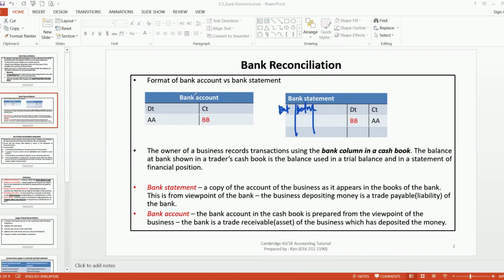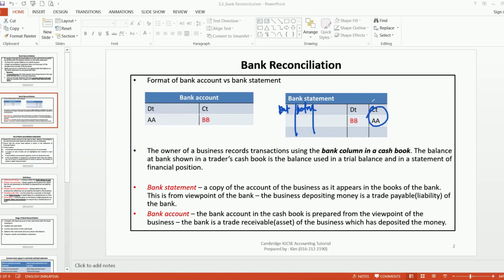Okay, for the bank account, the debit side in our recording will appear on the credit side of the bank statement, because from our side, when we receive money, we debit. But to the bank, when we go to the bank and put in money, the bank treats us as their trade payable.